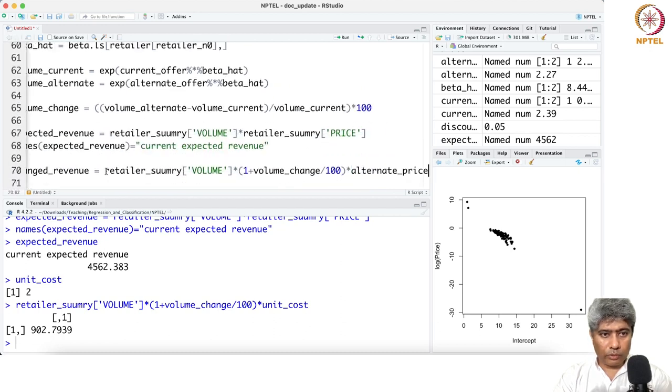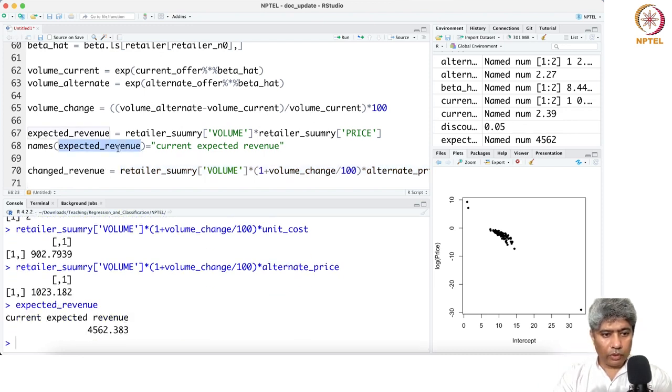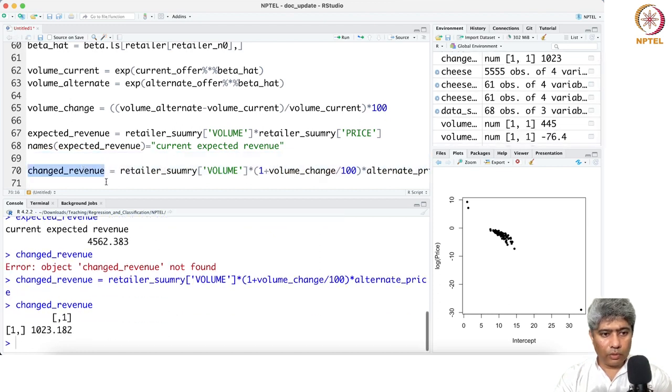So the expected revenue is 4,562 and the changed revenue is, sorry, 1023, right?